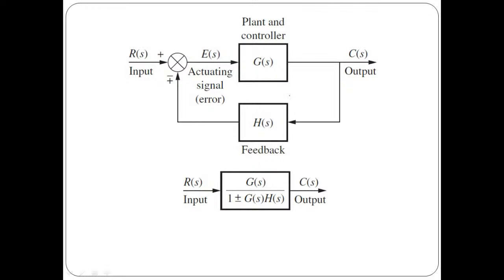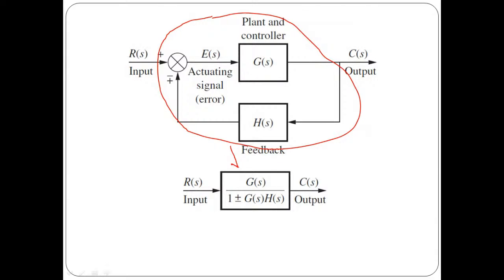That means if we have a closed loop control system where G of s indicates the forward path gain, H of s indicates the feedback path gain, and if you want to represent this entire system through a single block, that we can do.